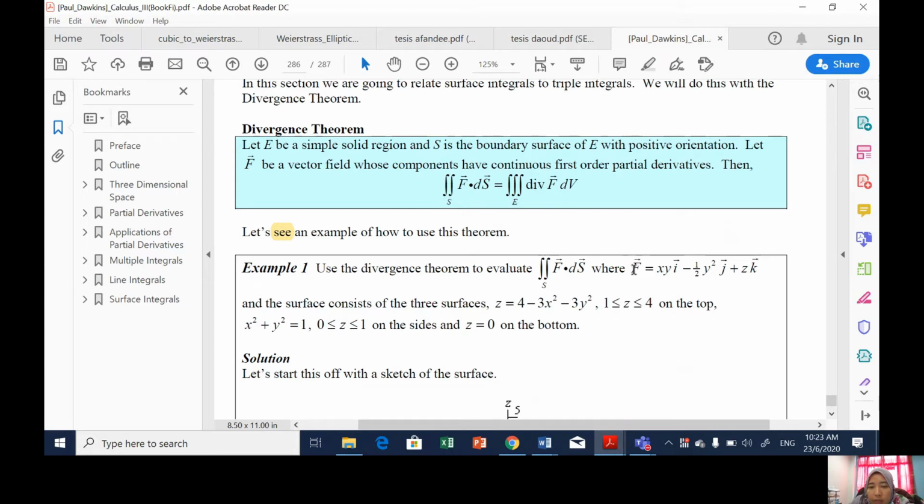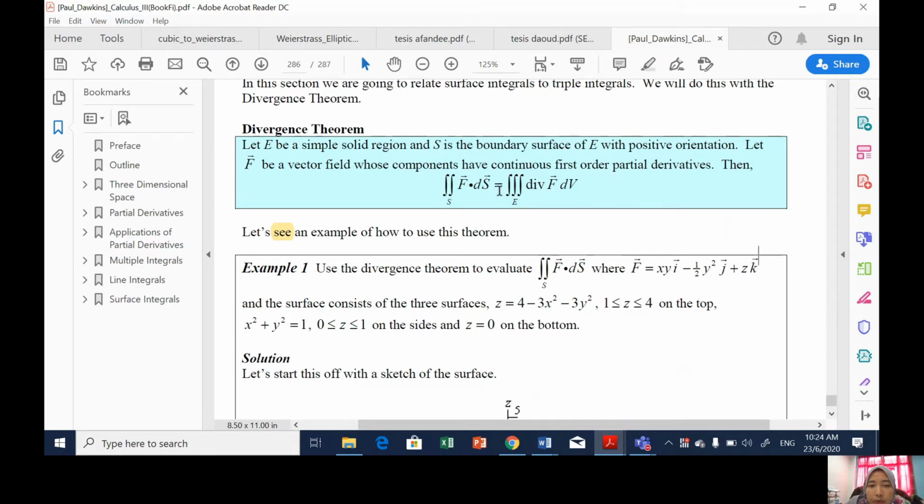Remember from the previous class, we differentiate this part with respect to x, this part with respect to y, and this part with respect to z. So this vector F has continuous first order partial derivatives, meaning we can find the partial derivatives for F. If we cannot find them, then it is not a continuous first order partial derivative.